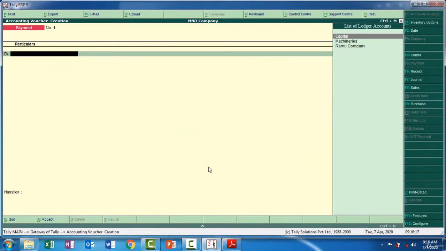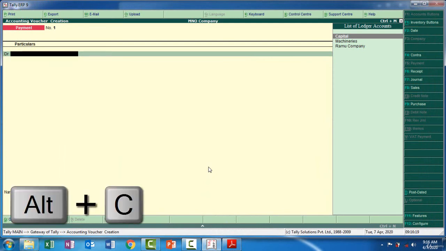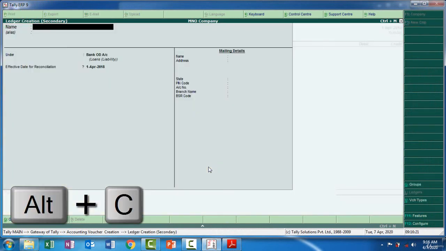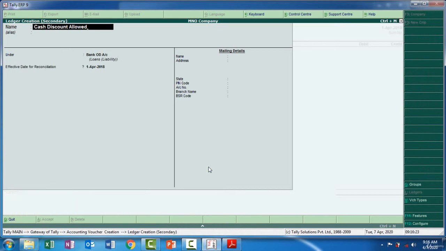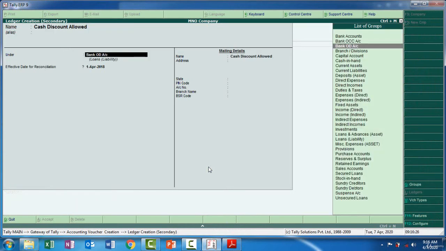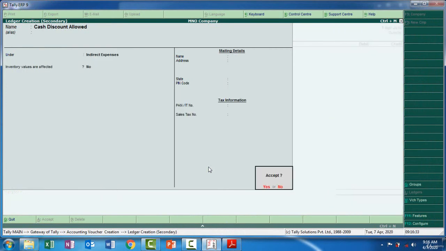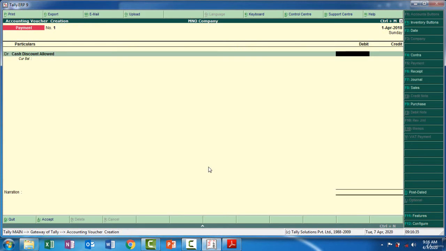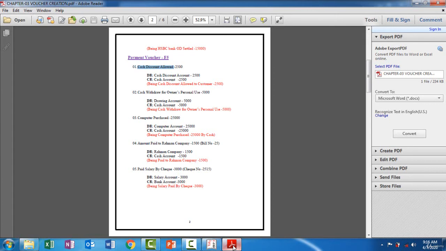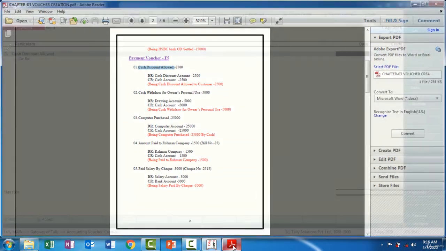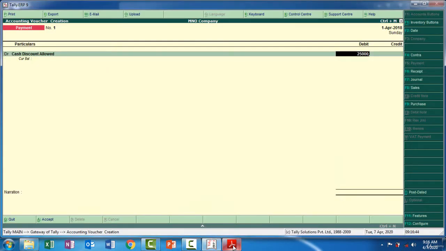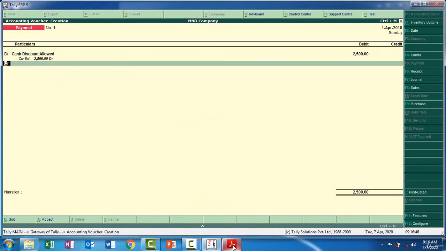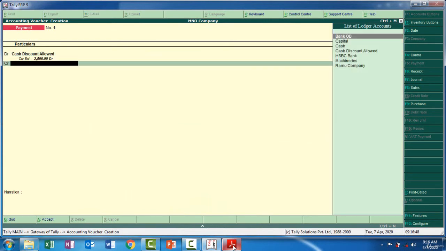So if I want to create the ledger, Alt plus C, cash discount allowed account, it is coming under the indirect expenses. So the amount is 2,500, and second one credit is cash account.